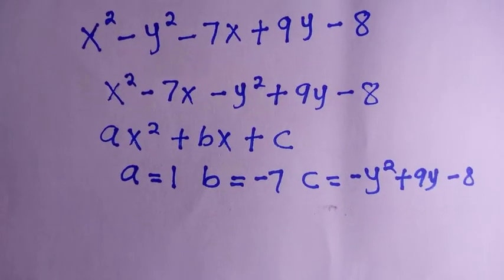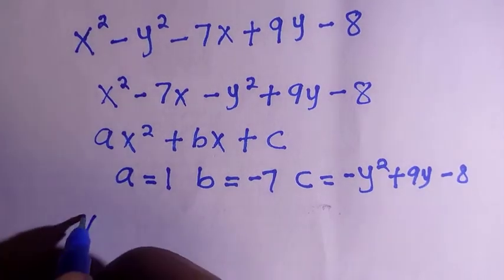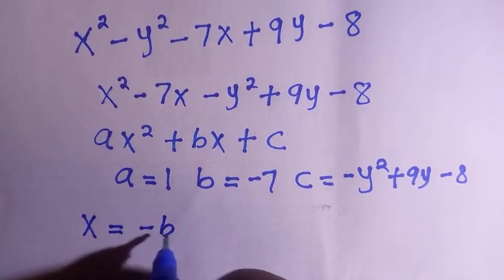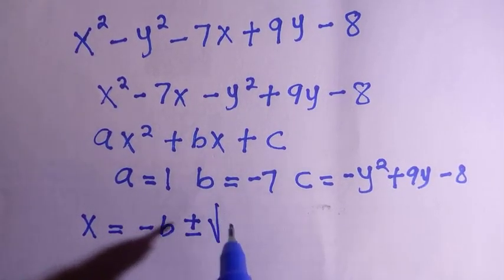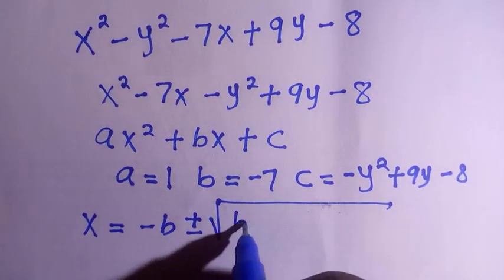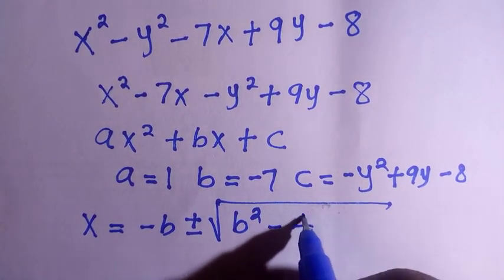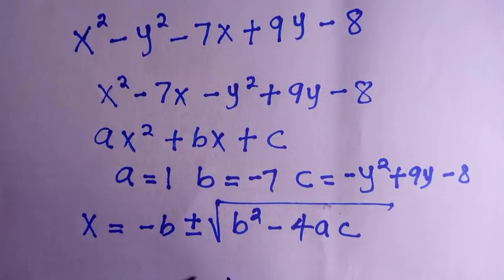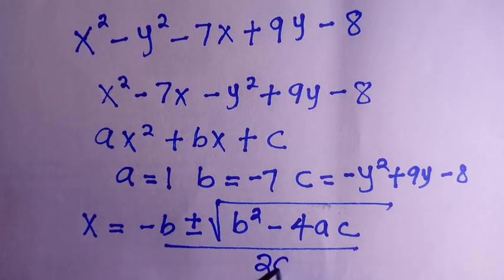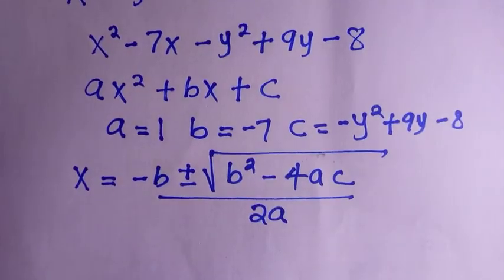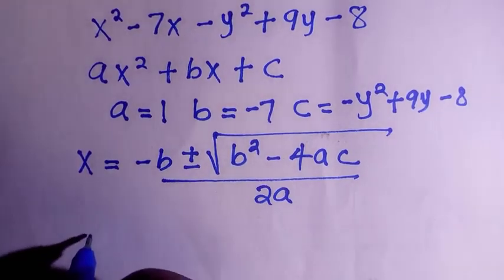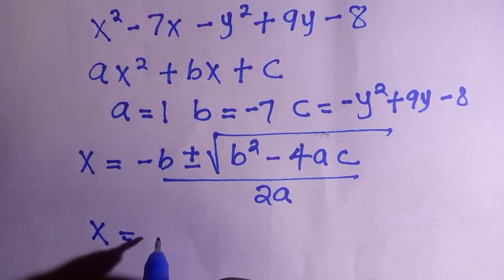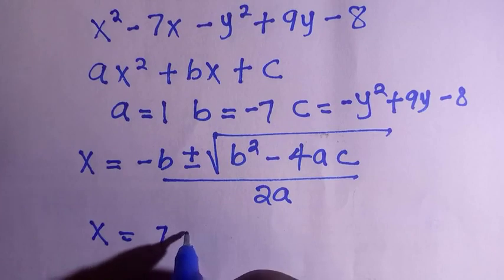So the quadratic formula says x is negative b plus or minus the root of b squared minus 4ac, divided by 2a. Since I'm dealing with x as the variable, that's why I use x here. If it is y, then you're going to use y first.